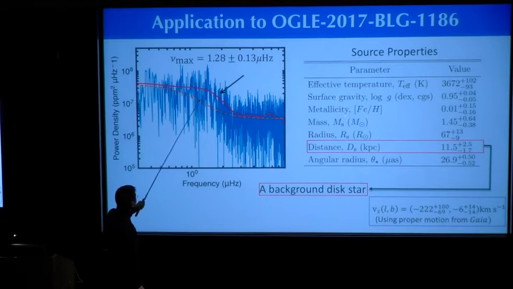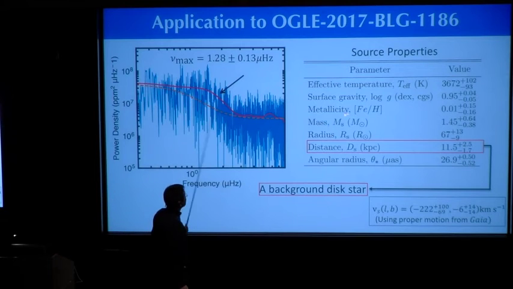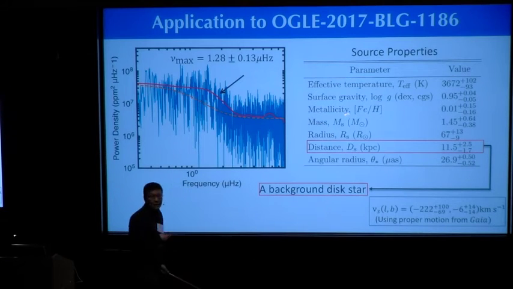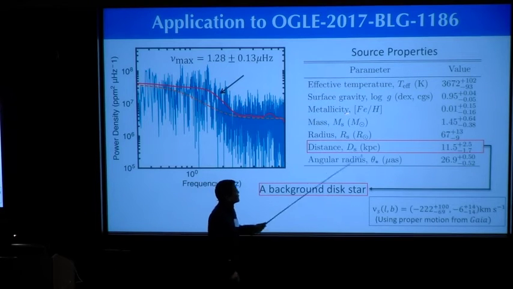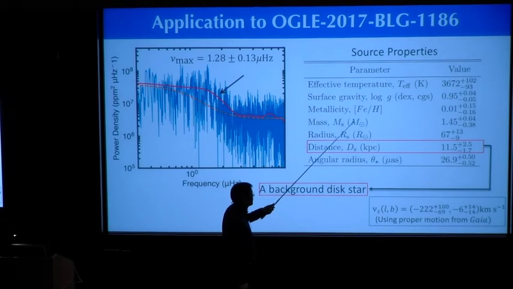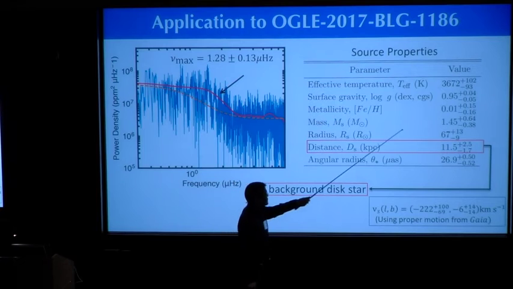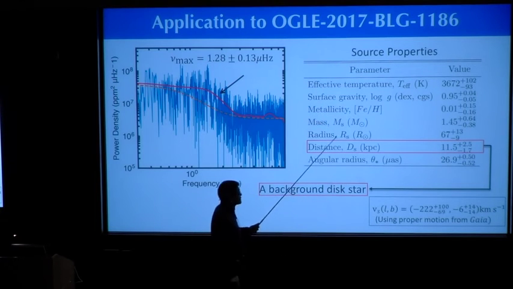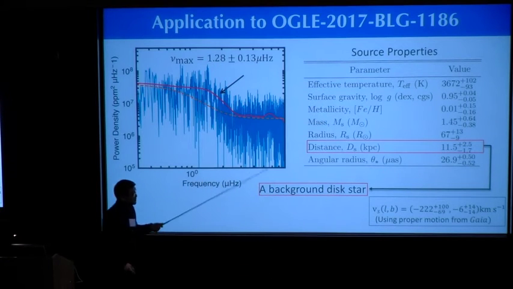So we can apply this to this particular red giant star. This is the power spectrum as a function of frequency. We can infer this parameter nu max quite well, combined with its color, and also comparison with the Kepler red giant source catalog. We can determine many source parameters, including effective temperature, log g, metallicity, which is close to the solar, and the mass is about 1.45 solar masses.